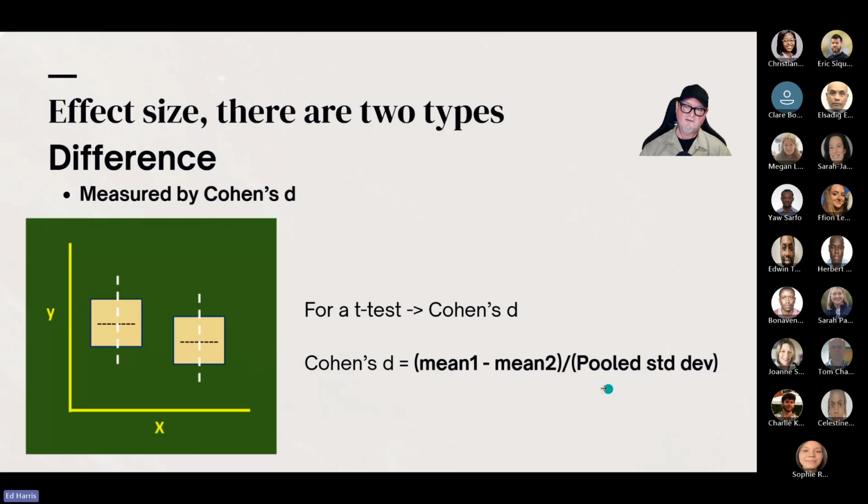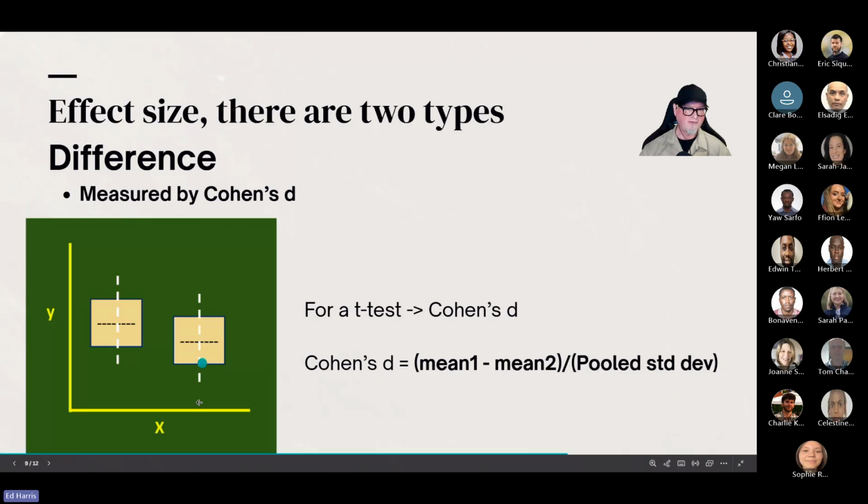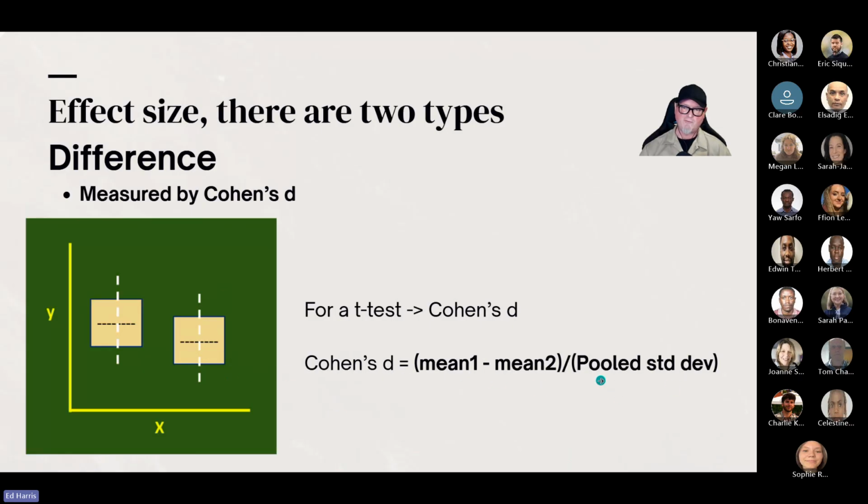So the denominator for Cohen's d is the pooled standard deviation. So it's a measure of the variance, the standard deviation. It's pooled because for a two-sample t-test, we weight the total standard deviation based on both samples. That's just a little detail that I put in. I probably could have left that off.